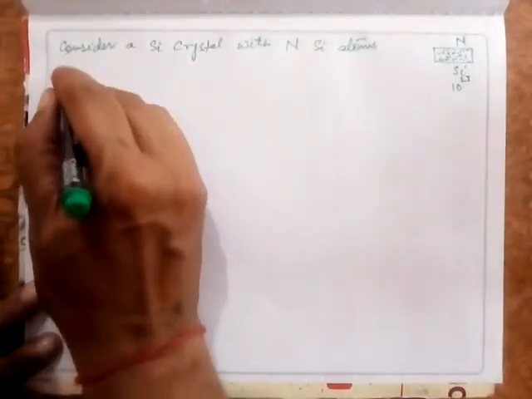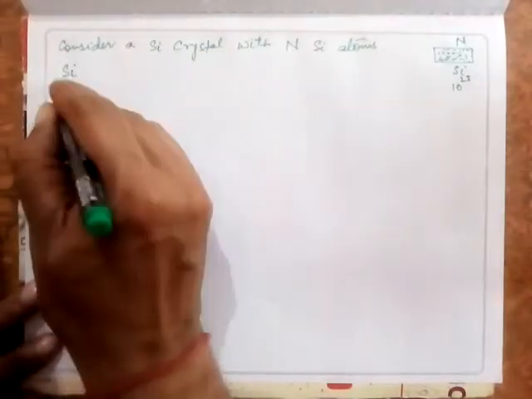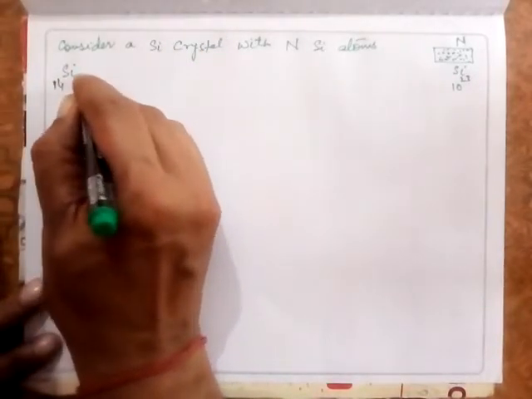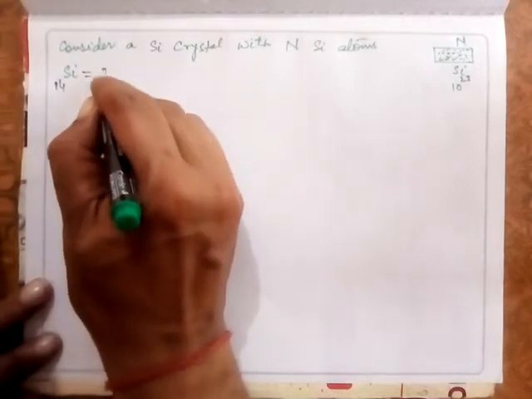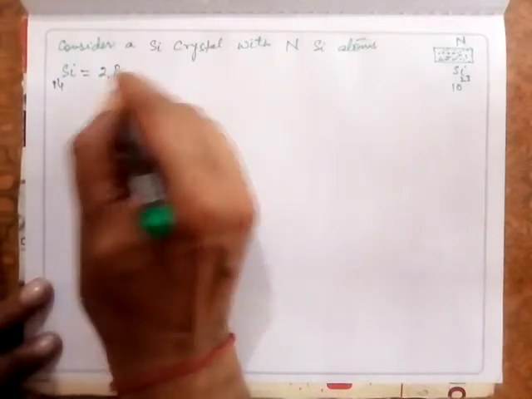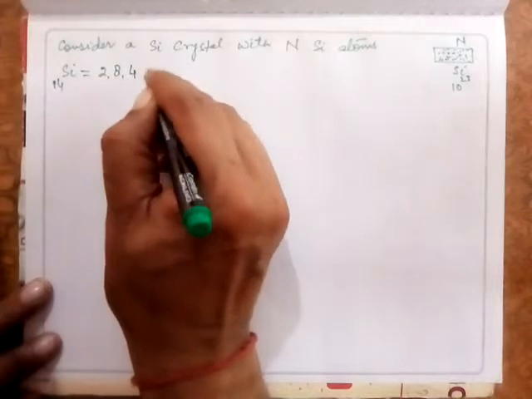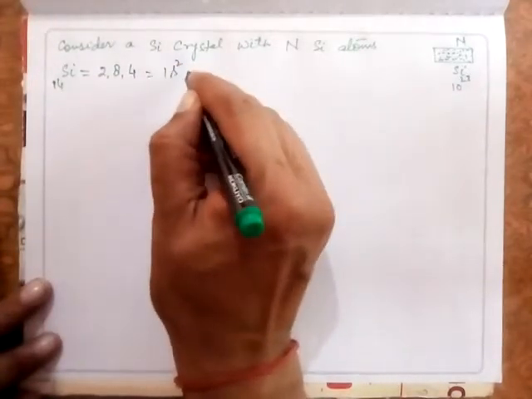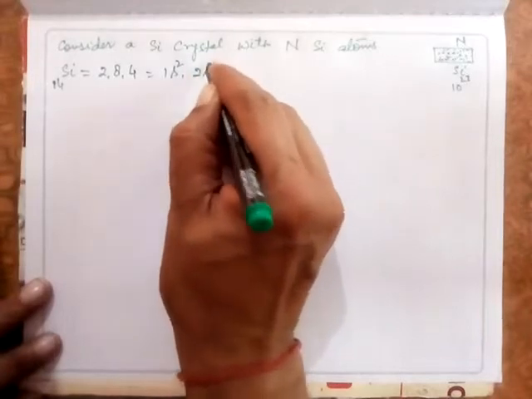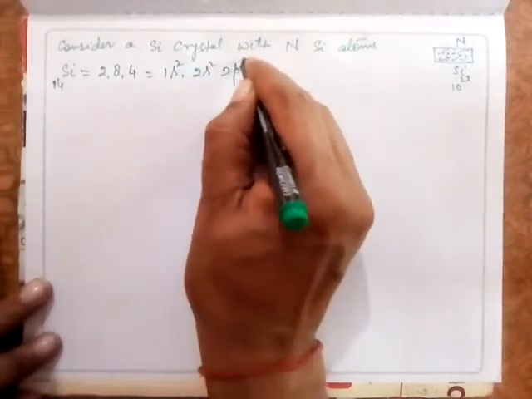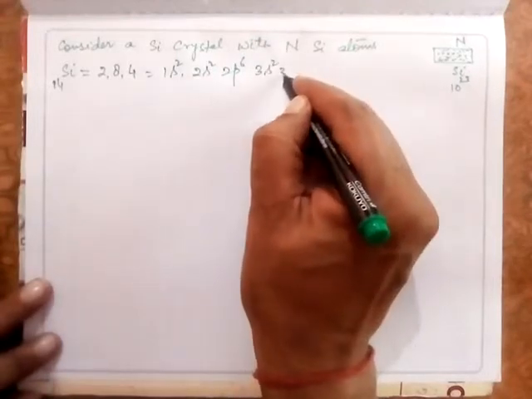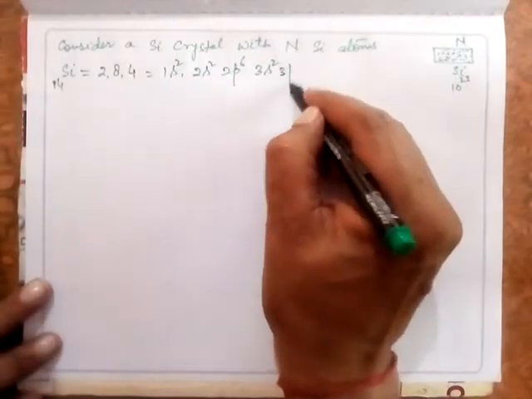Now let's consider the atomic structure. You know that the atomic number of silicon is 14. If I write the electronic configuration, it is 2, 8, 4, totaling 14. Or I can write this as 1s2, 2s2, 2p6, 3s2, and 3p2.